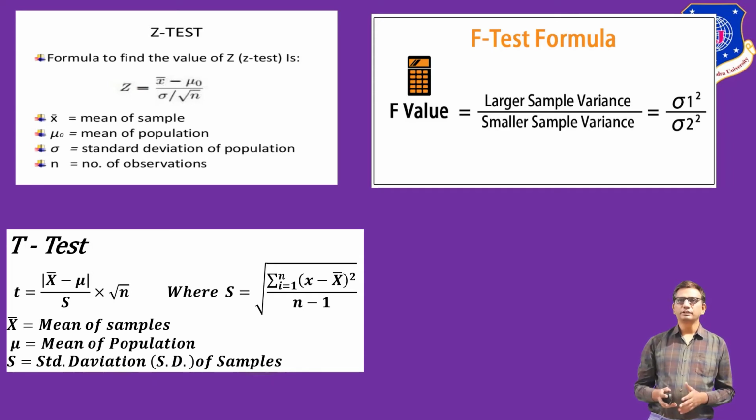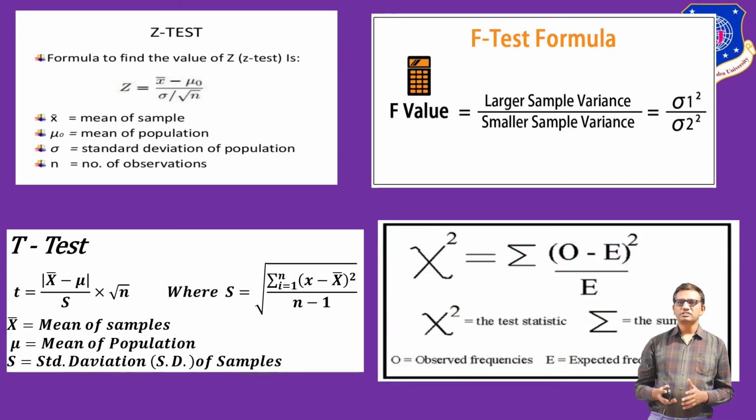Here we calculate for two types of samples. And this is the chi-square test: sigma of O minus E whole square upon E, where O is the observed value and E is the expected frequency.